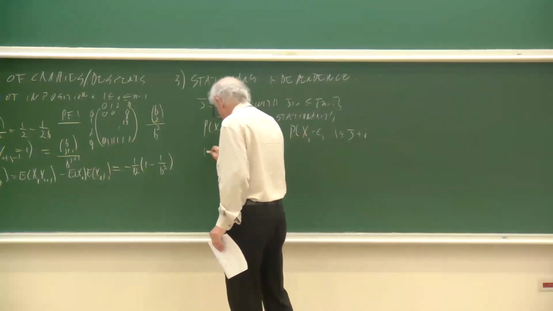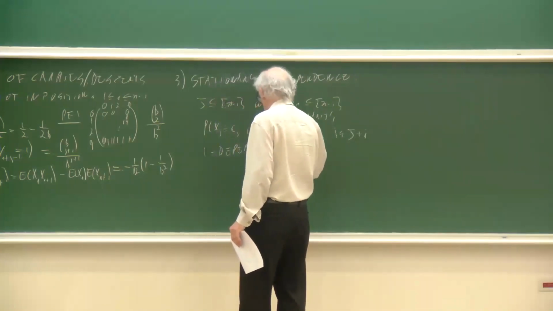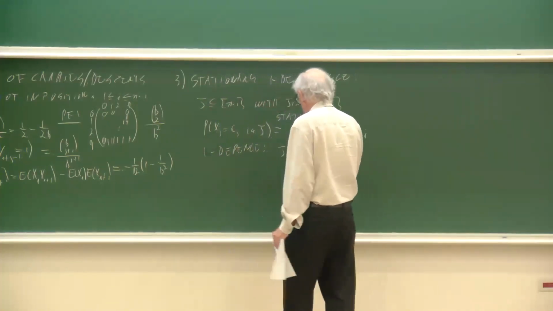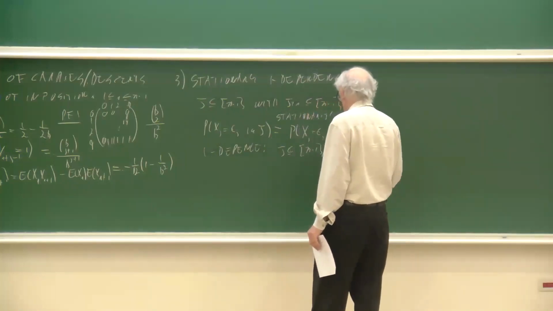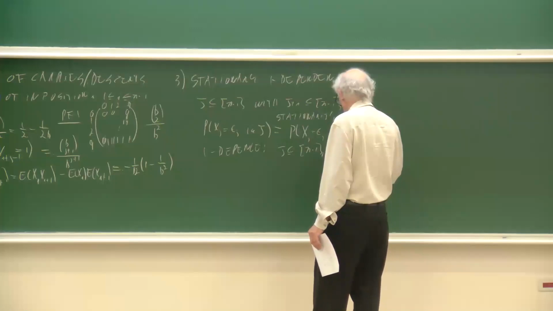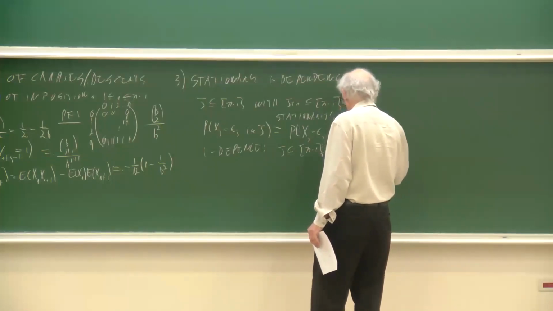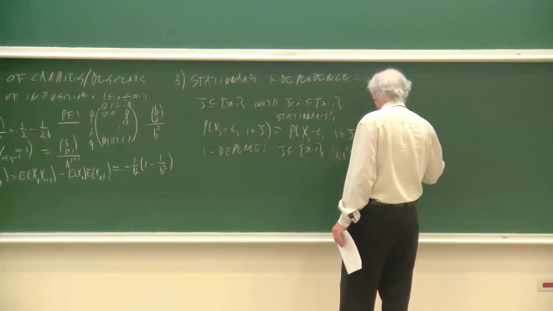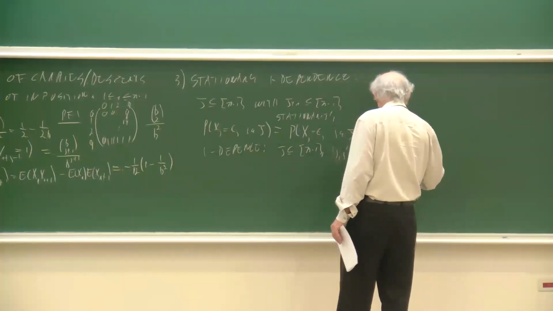And then one dependence is if J is a set of possible positions, with the property that for j and j prime in J, they're separated by at least 2, so j minus j prime is greater than 1.